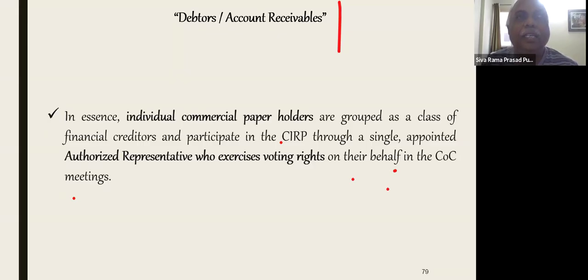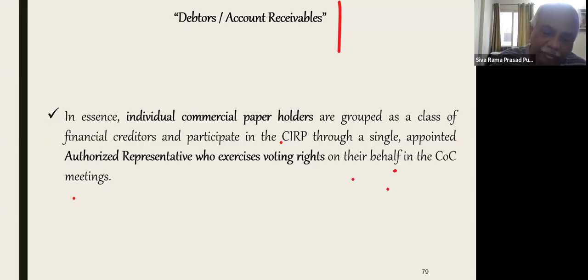Nearly 1000 people have contributed 5 lakhs each. That amount is borrowed by the company. And once the company is facing CIRP, as an IRP or RP, you have to appoint the authorized representative for commercial papers by taking 3 names and finalizing 1 name.